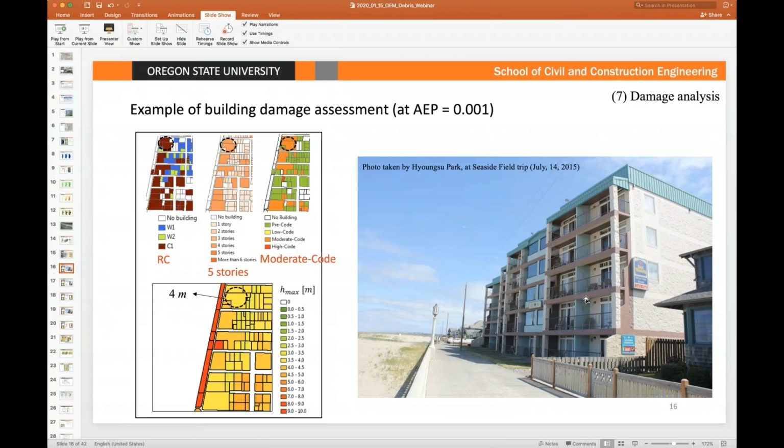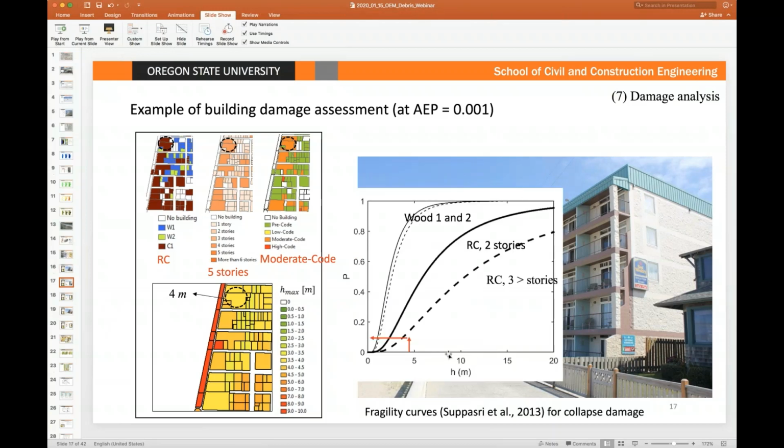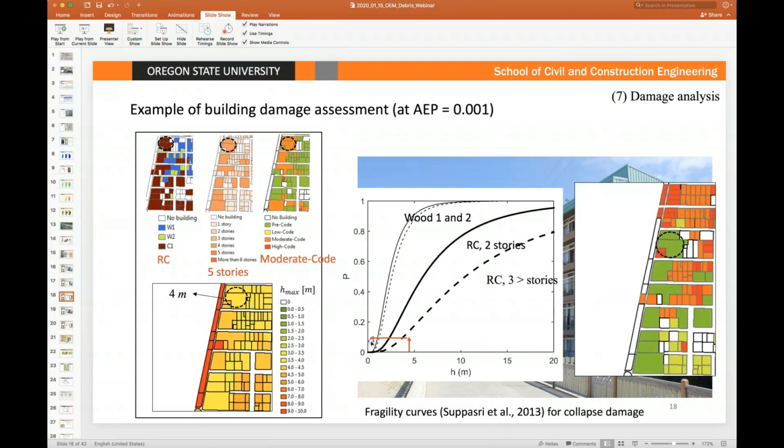We know that this particular building is made of reinforced concrete, it's 5 stories, and was built to a moderate seismic code. With that information, we can predict that there's about a 10% probability, which is fairly low in this case, that the building would collapse. So it's actually fairly low likelihood of collapse for that building. And so we just paint it green.